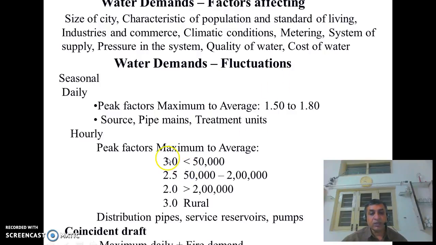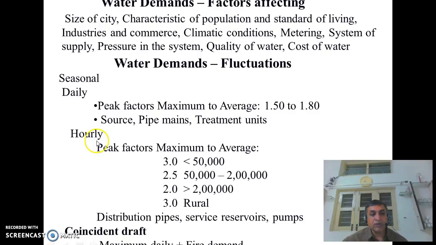The typical hourly fluctuation factors reported by the manual are 3 for less than 50,000 and 2 for greater than 2 lakhs. If you look at this variation, the larger the population, the lesser the peak factor. It means that in a large population, activities are varied, so there is a dampening of the peak flow, and hence the peak factor goes on decreasing as the population increases.